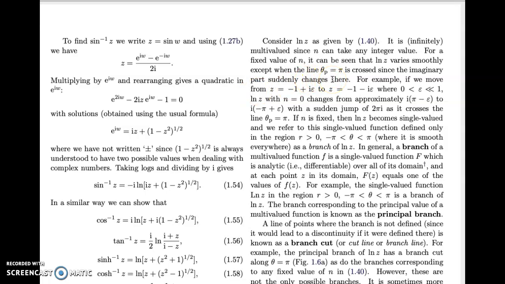Because then the imaginary part is suddenly going to change. If you go along the negative real axis, then the principal value of the argument there is pi. But if you go slightly below the negative real axis, then suddenly you get a value of the argument of minus pi plus a little bit.